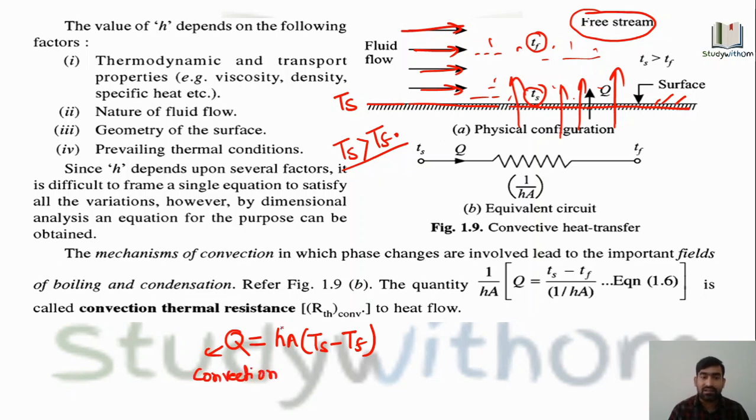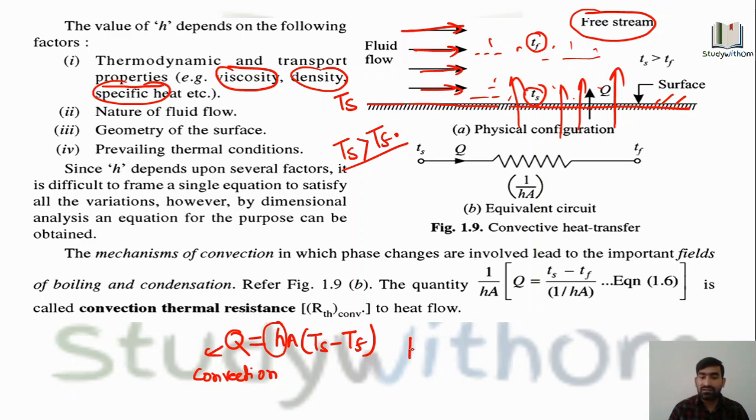what are the parameters upon which this heat transfer coefficient H depends? So these will be thermodynamic and transport properties. H is a thermodynamic and transport property which depends largely on viscosity, density and specific heat.